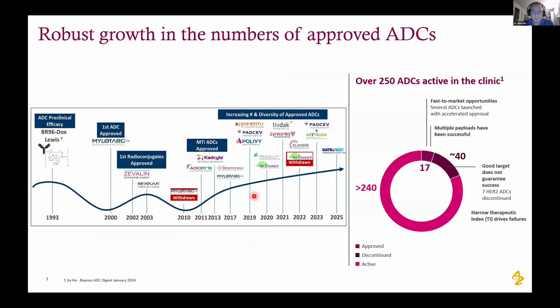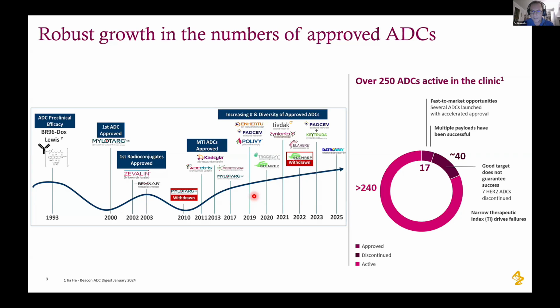There are a number of different ADCs that are currently being studied in clinical trials, over 240 at the moment, but only 17 have been FDA approved and are currently available in the market. Most of the ADCs failed during clinical trials because of a lack of therapeutic index. And so it remains a significant challenge to try to solve this problem.